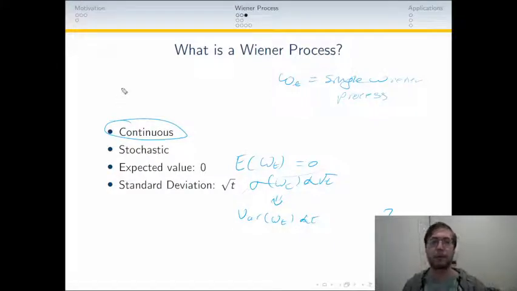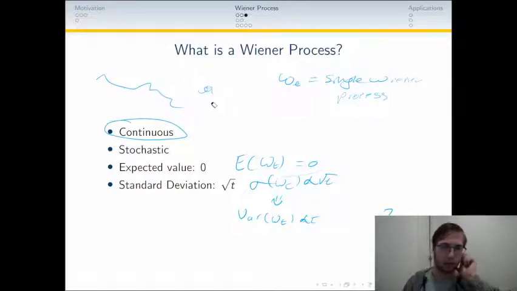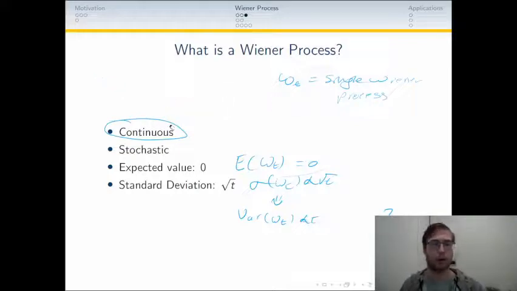The definition is complicated, but an intuitive way to think about it is you can trace it without picking up your pencil as you do it, or for any point you can draw, there's no circle of any size that you can draw that doesn't include more points of it. Those are two good ways to think about continuity, which the Wiener process satisfies.